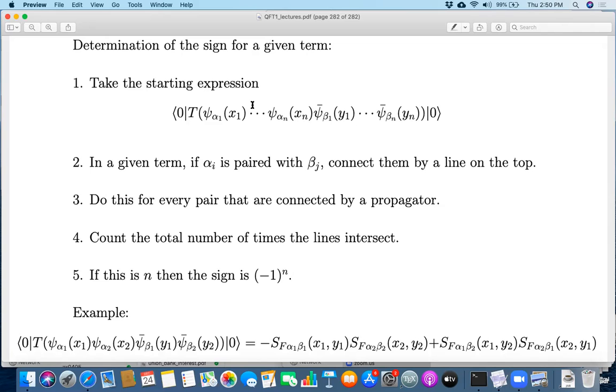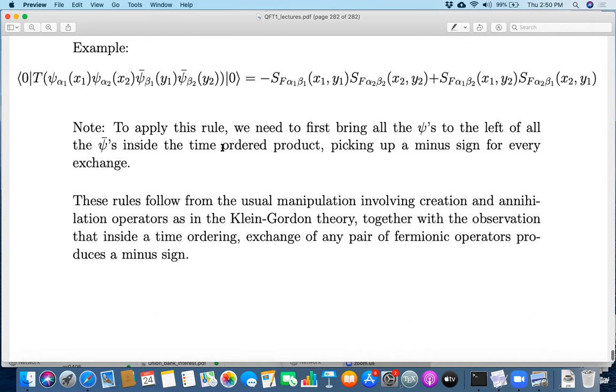That exchange of any pair of fermionic operators produces a minus sign inside a time ordering, which just follows from the definition of time ordering. So we first bring all the psis to the left of all the psi bars, but during this process, we may pick up some additional signs that you have to take into account. Is this clear? Are there questions?